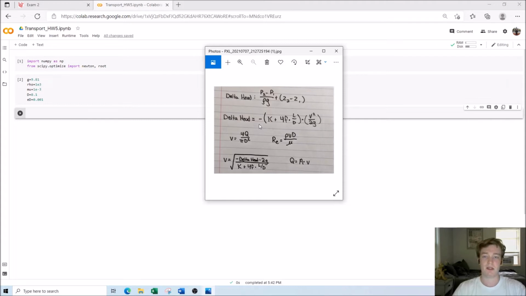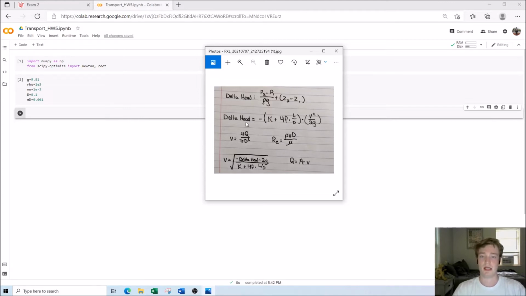But now we're accounting for the frictional heating, which is given here. So again, we're taking into account the K values, the length, the diameter, the velocity, the gravitational constant, but we're also taking into account this f, the Fanning friction factor. And that actually depends on the Reynolds number and the relative roughness of the pipe.